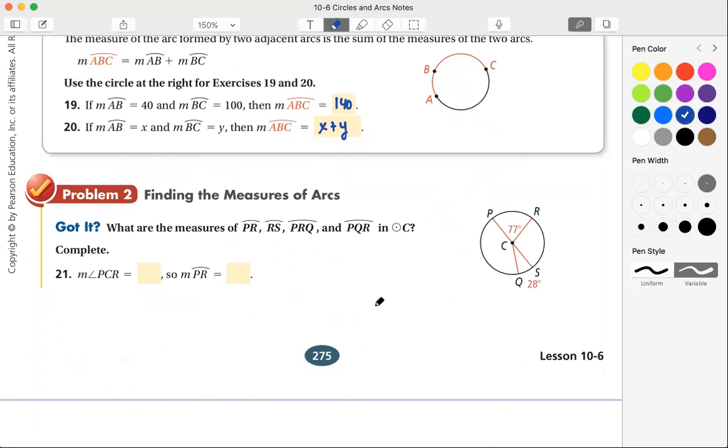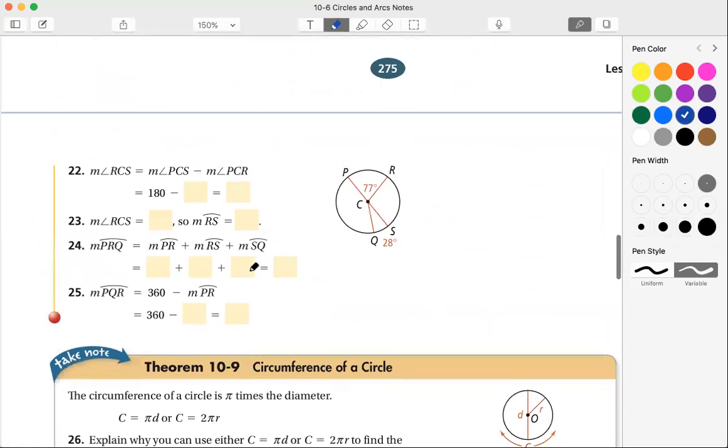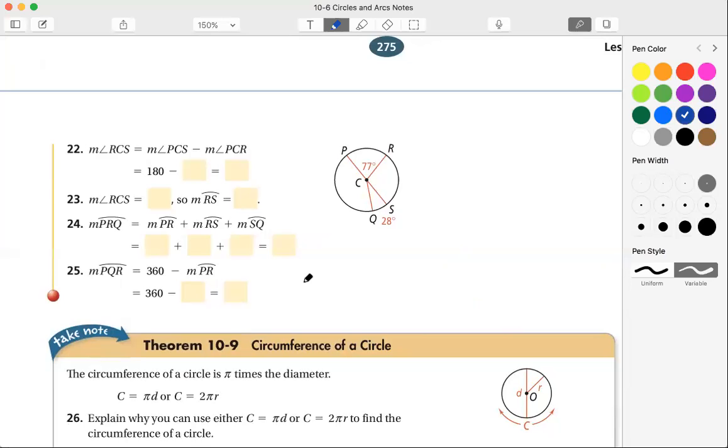All right, so what are the measures of the following arcs? So the measure of the central angle PCR is 77. So its corresponding minor arc PR is also 77. All right, we know RCS is measure of PCS minus PCR. So 180 minus 77, which equals 103.